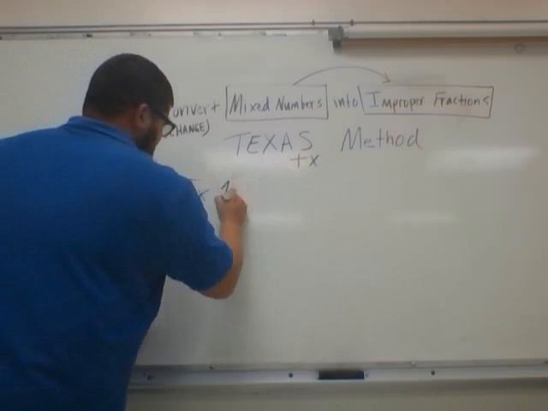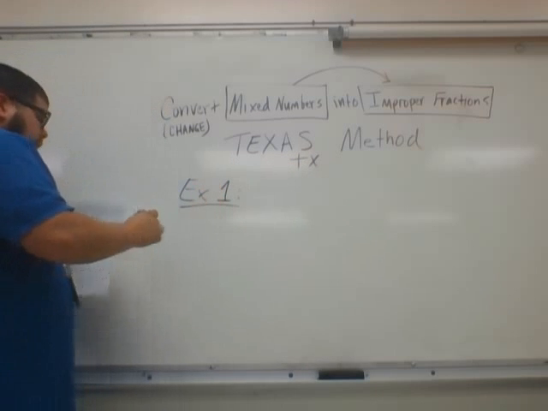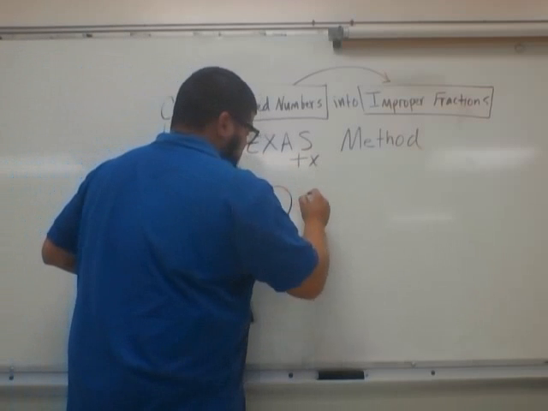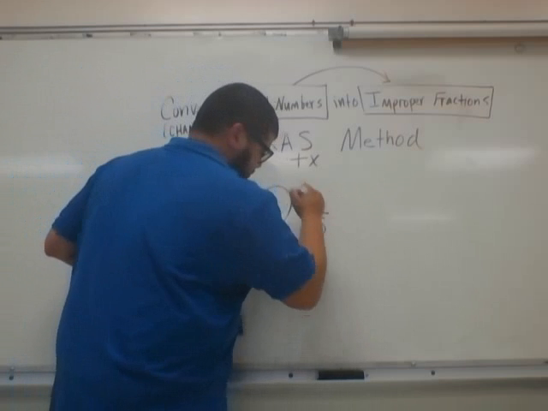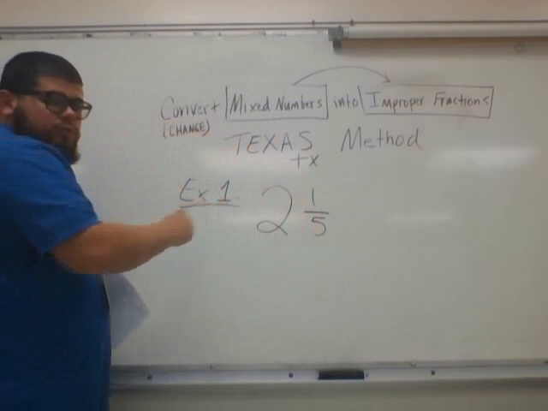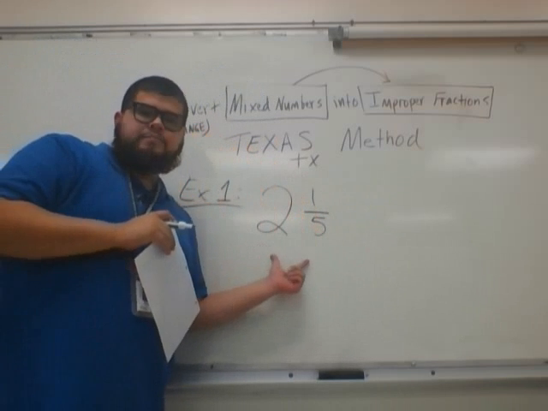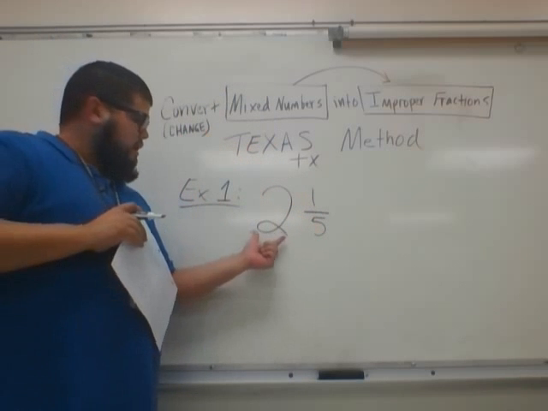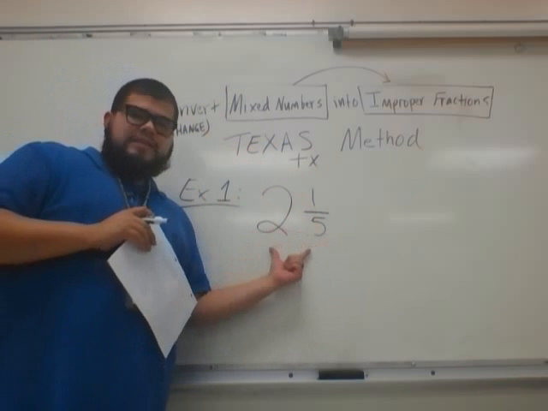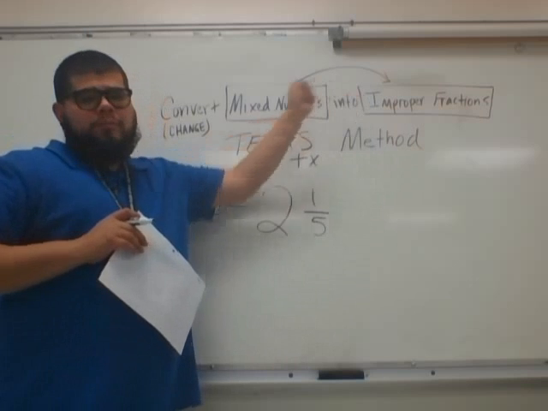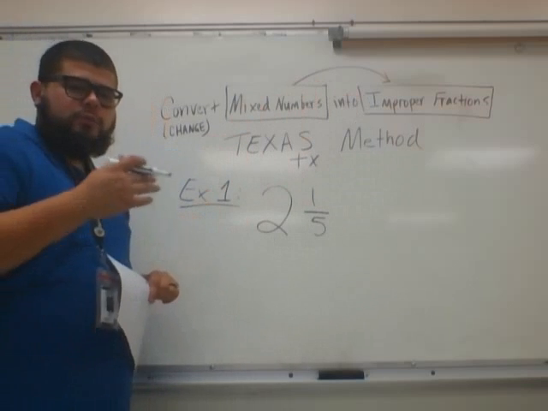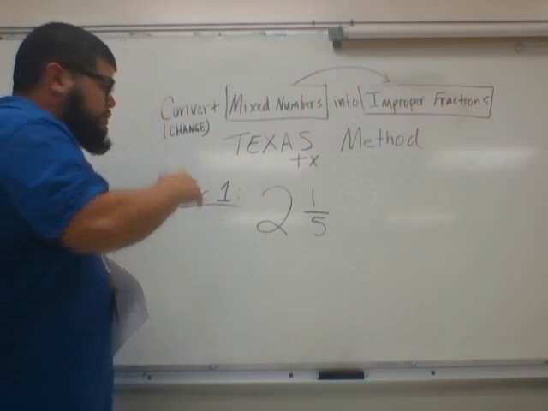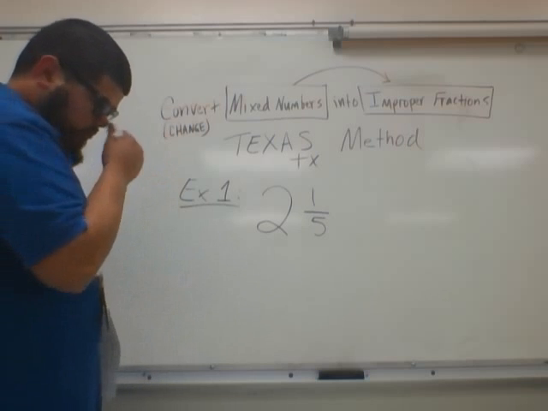Here we go. Example 1. We have 2 and 1/5. We're going to convert this mixed number, a whole number with a fraction, into an improper fraction, a number that has a numerator greater than the denominator, the top number greater than the bottom number.